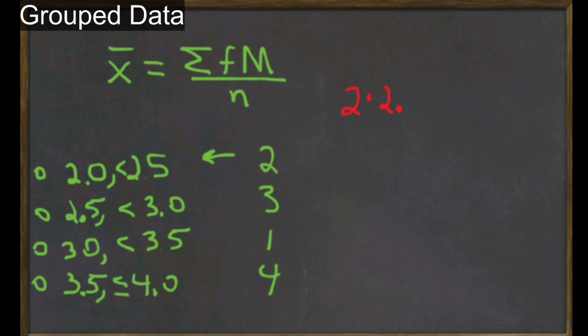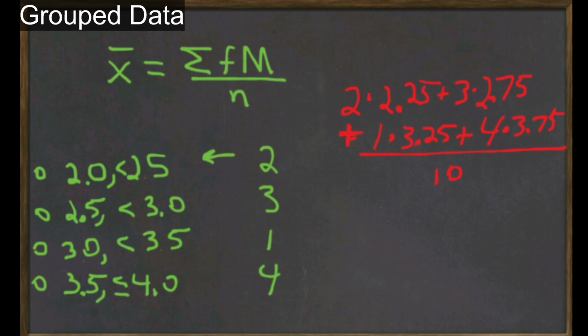So this is 2 times 2.25 plus 3 times 2.75, plus 1 times 3.25, and then plus 4 times 3.75. I was not kind to myself as far as the math goes, but that's the numerator here. The denominator is going to be divided by, not 4, almost tricked myself, divided by n. And again, we took a sample of 10 people, and so we have 10.